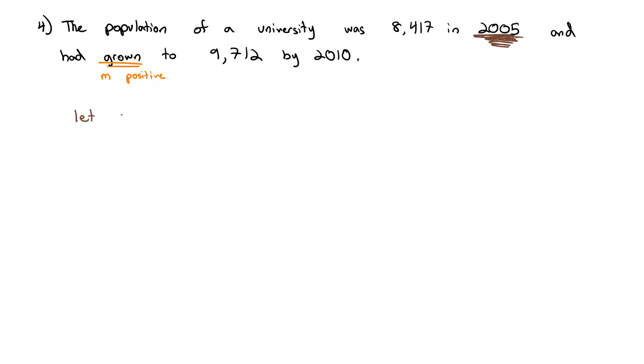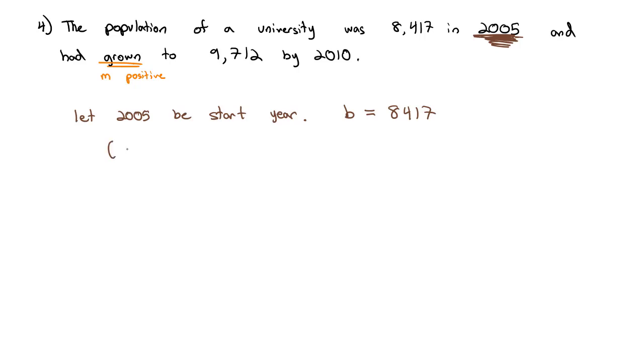So we're going to let 2005 be the start year. That means our b is already known. The y-intercept, what is the value at the starting year? 8,417. The nice part about picking the start year in the right spot is we don't have to do all that work to figure out what b is that we did in the prior two examples.